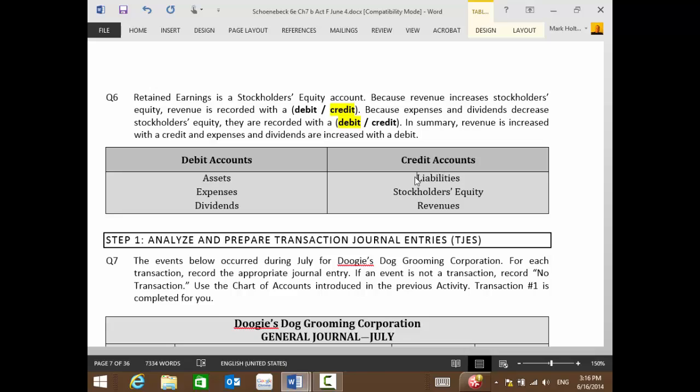And, if you have to, write it on a card, keep looking at it until you really know it, because all the information in this little box right here is really key to understanding everything we're going to do in the rest of the course. Debits are assets, expenses, and dividends. Credits are liabilities, stockholders' equity, and revenue. Now let me show you what we're going to do with them in step 1.